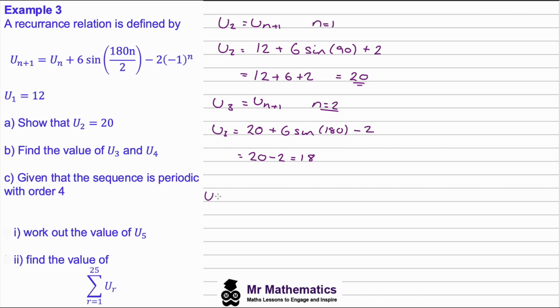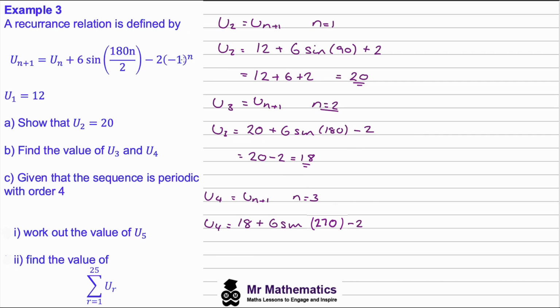And then for U4, this is where n will equal 3. So U4 will be the previous term, which we worked out as 18, plus 6 times the sine of 180 times 3 divided by 2. And this will be the sine of 270 minus 2.